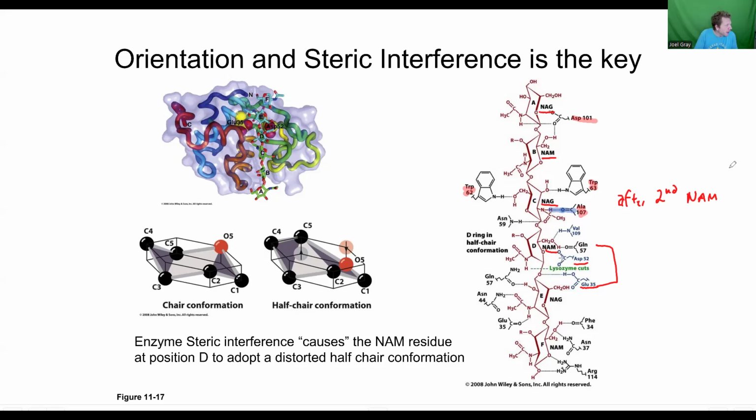But I want to ask you, what if we were to take this alanine and mutate it? Now, alanine 107, alanine's a small amino acid. If we mutated that from an alanine to, let's say, I'm going to go with a phenylalanine, PHE 107.